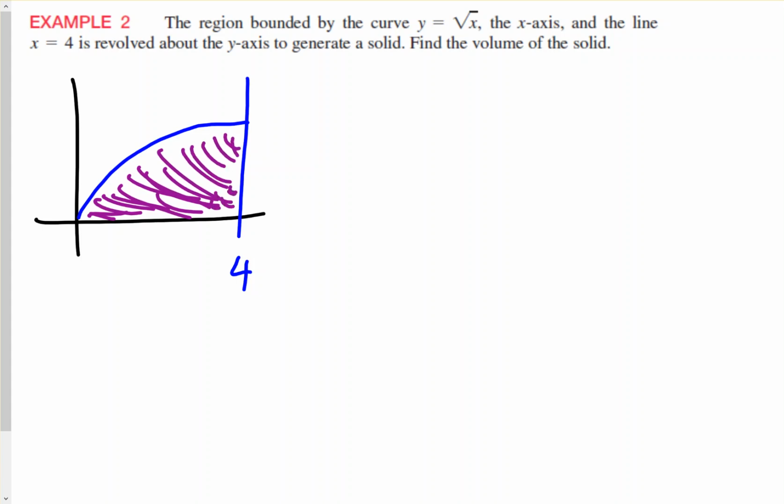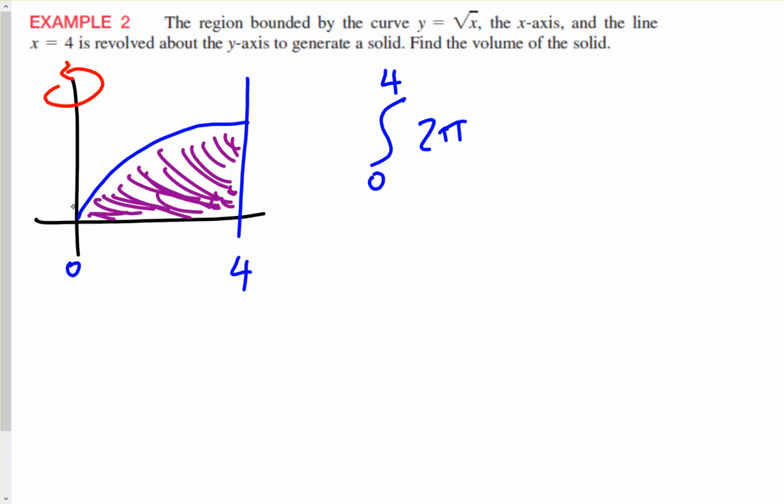And we're going to spin it about the y-axis. So I'm going to spin it around the y-axis. So that means when we set up the integral, this will be from 0 to 4, 2 pi.